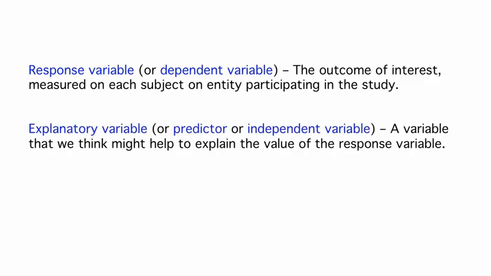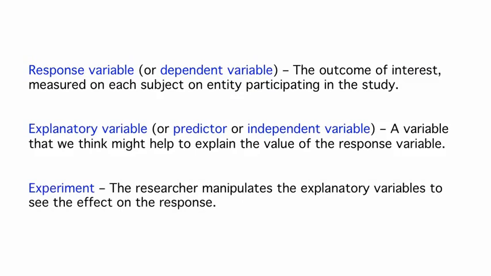Explanatory variables, or predictors, or independent variables, are variables that we believe affect the response. The key feature that separates an experiment from an observational study is that in an experiment, the researcher manipulates the explanatory variables to see the effect on the response variable.